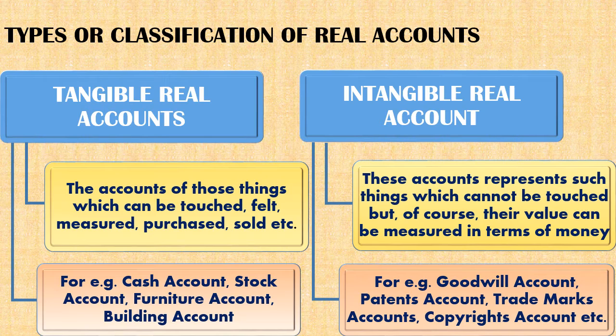When you have invented something, you can take a patent of that product, and a right to sell it, the right of owning that product as the founder of that product, or a copyright, or if you have got a brand mark or trademark. So all these are intangible real accounts which cannot be touched, but can be measured in terms of money.